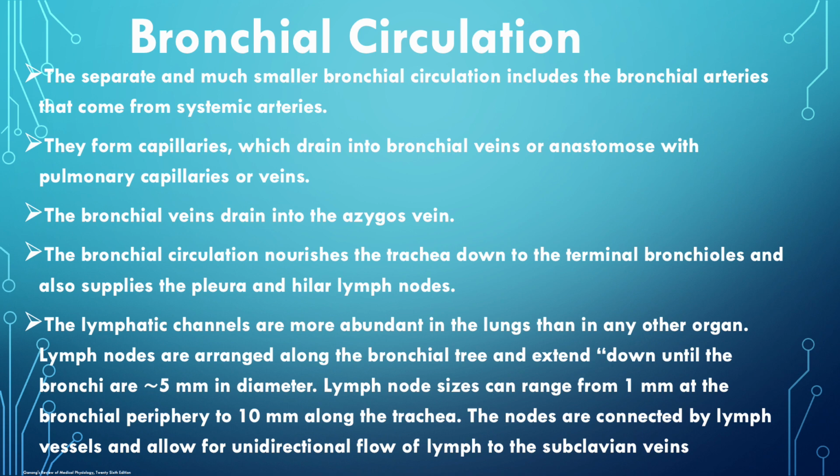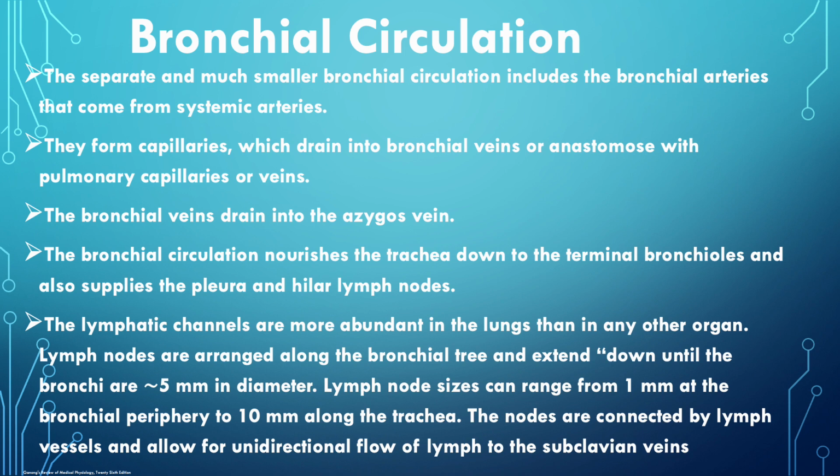nodes. And now here we have to know that the lymphatic channels are more abundant in the lungs than in any other organ. So the lung has a lot of lymphatic channels, and the lymph nodes are arranged along the bronchial tree and extend down until the bronchi are almost around 5 millimeters in diameter.